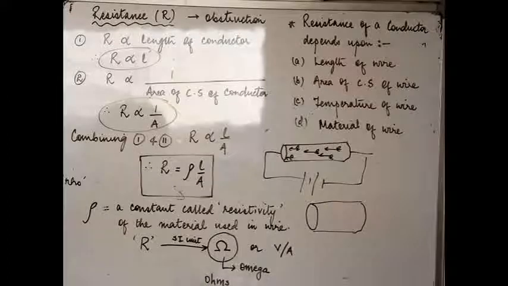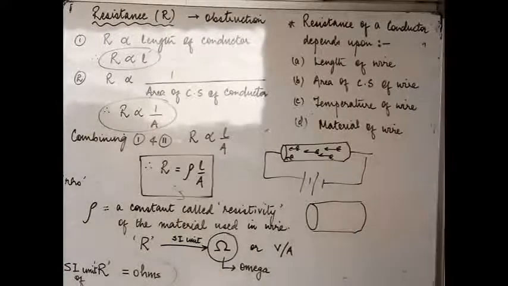Now I'll write down: SI unit of resistance is ohms. Please remember this. The SI unit of resistance of any given conductor or wire is ohms. We will study this in detail when we study Ohm's law. So resistance is the obstruction in the flow of current.